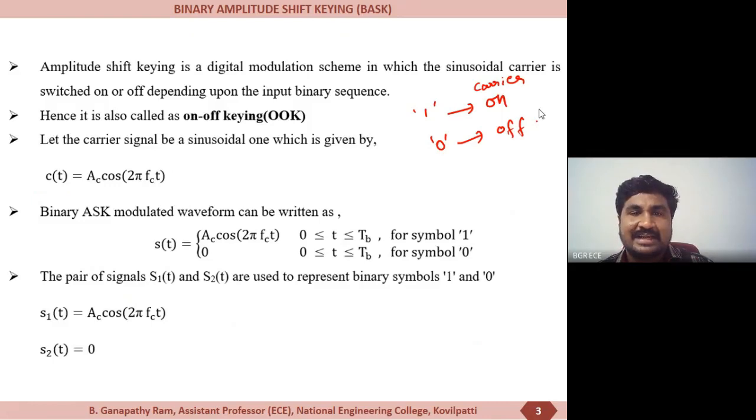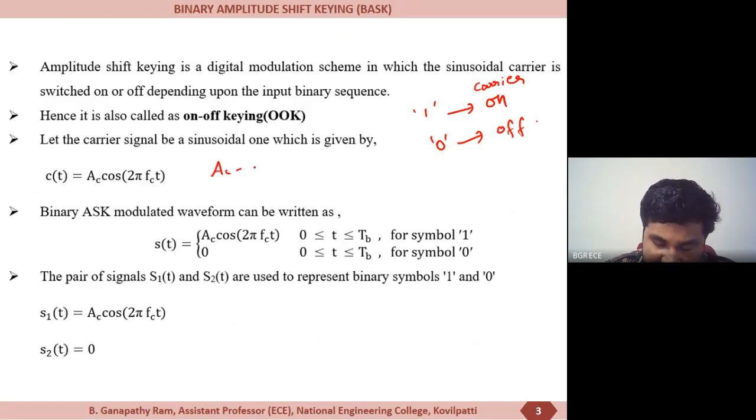Generally, we know that the carrier signal is a sinusoidal signal, which can be represented as c(t) is equal to Ac multiplied by cos 2 pi fc t. Here Ac is the amplitude of the carrier and fc is the carrier frequency.